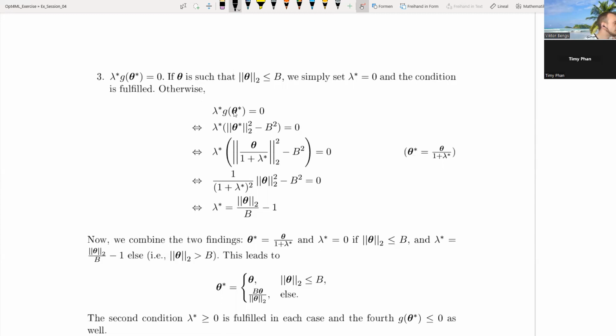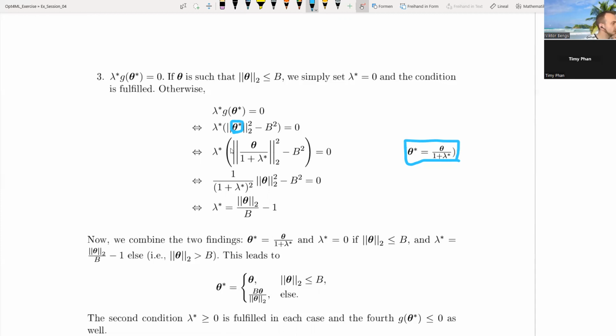So we have here the definition of the g function, which is simply the difference between the squared Euclidean norm of the input with the squared radius of our Euclidean ball. We use here the representation of our theta prime, which we have derived from the first Karush-Kuhn-Tucker condition. We plug it in here.